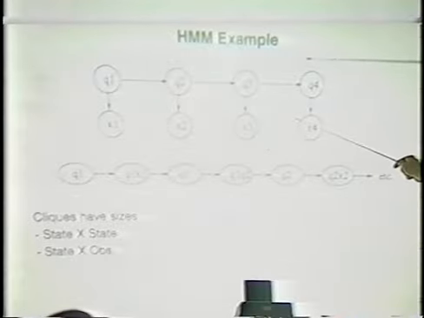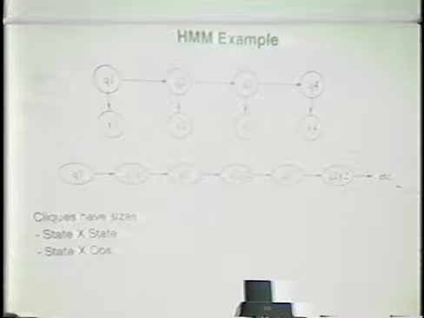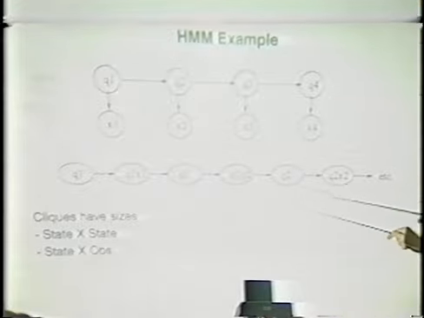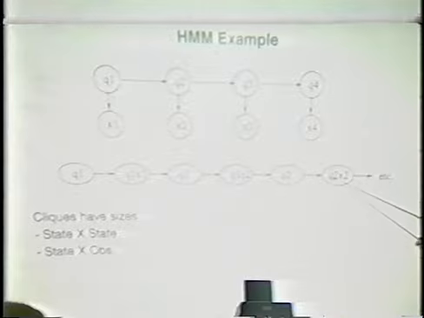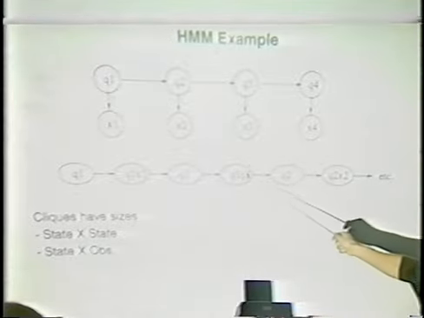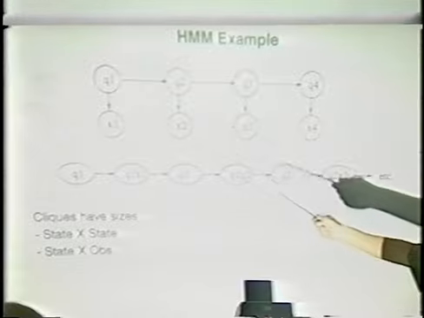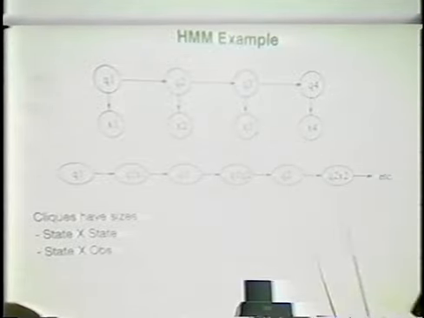Then you can add Q2, you get Q1, Q2, and you proceed along like that. And if you look at the number of values the cliques have, since x is an observation, you don't really have to worry about it. This is just the size of the state space. And here, Q1 times Q2 is state times state, so that's basically the size of your transition table, which is what you get from an HMM.